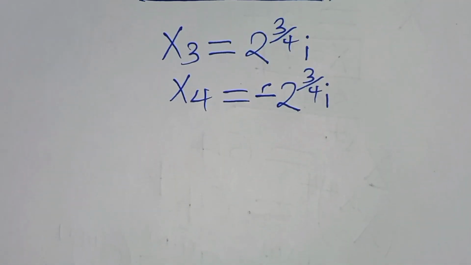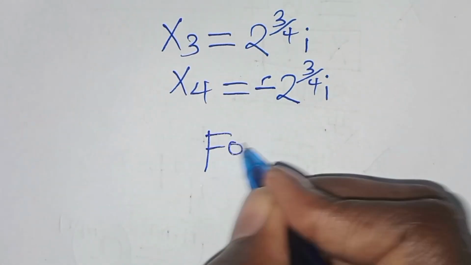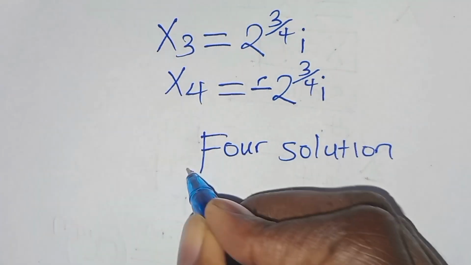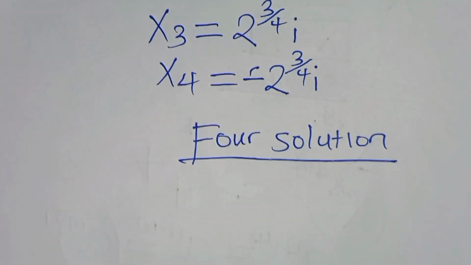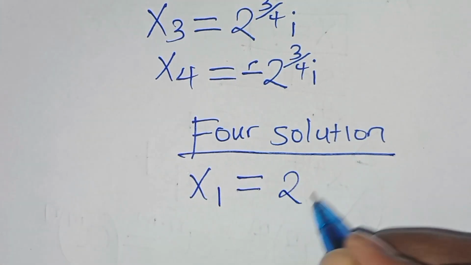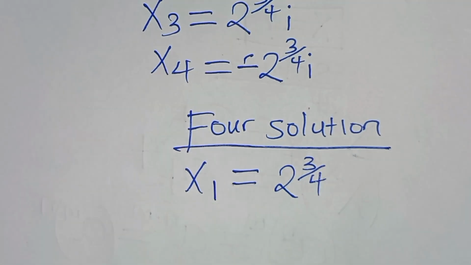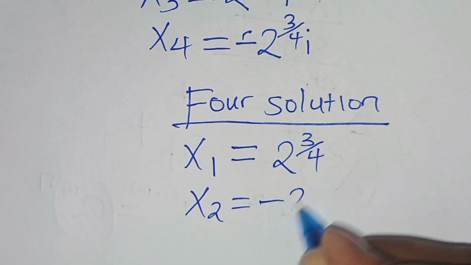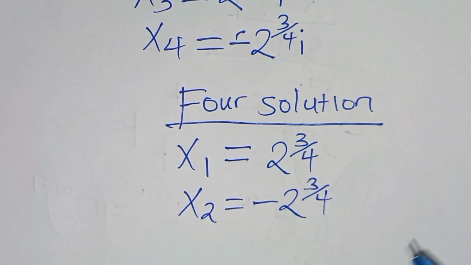So in total, we have 4 solutions to this math problem. We have that x1 is equal to 2 raised to the power 3 over 4. We have x2 is equal to minus 2 raised to the power 3 over 4.